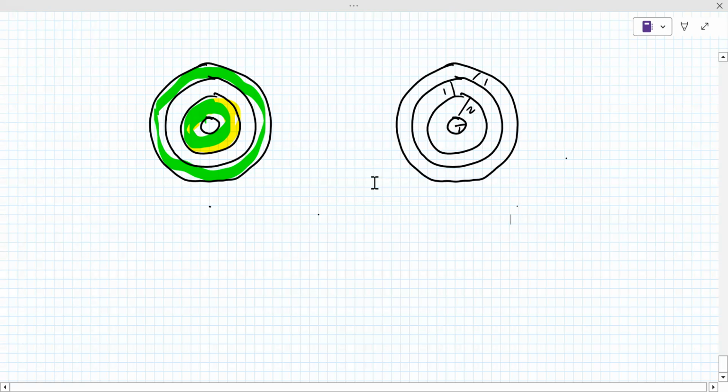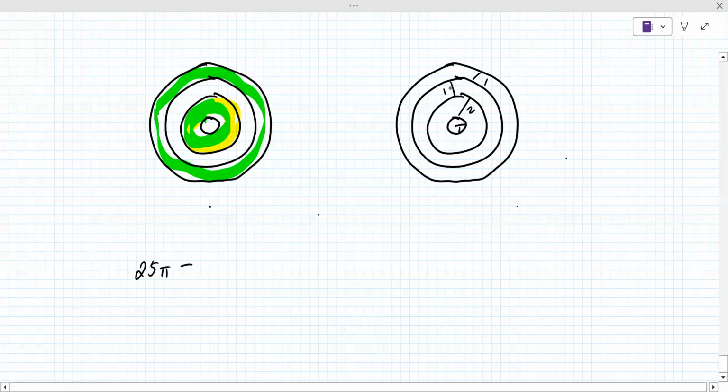Okay. So the area of the outside circle would be, the radius is 5. So that'll be 25 pi.